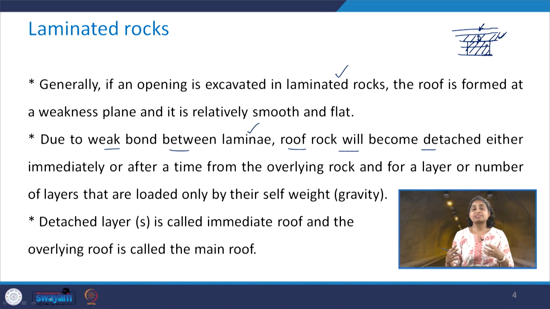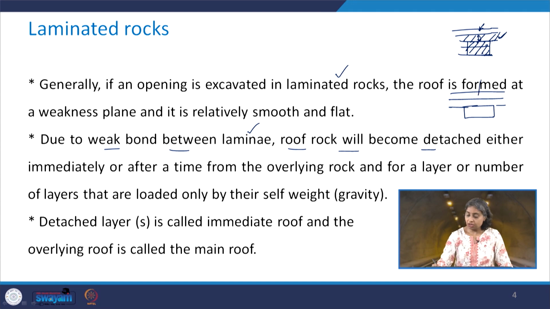Now the detached layers are called the immediate roof and the overlying roof is called the main roof. Let us say this is the opening and you have these layers here. The layer which is detached from the overlying rock, we will call the immediate roof.